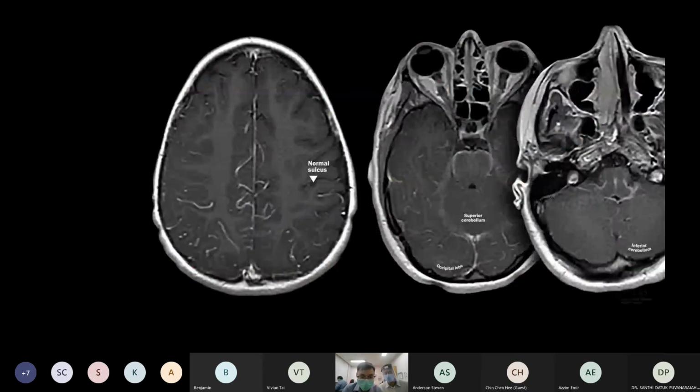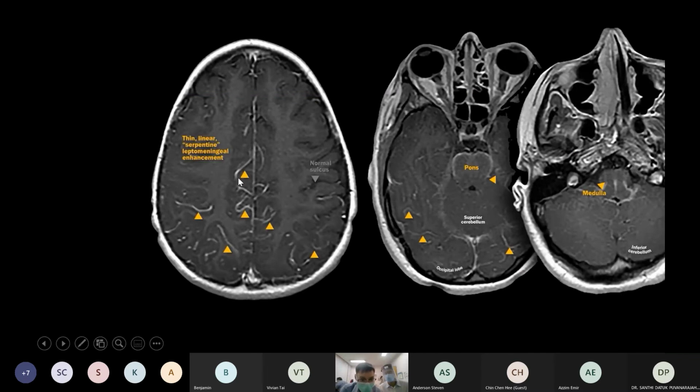I'm going to give an example. This is the T1 post-gado view of two different patients. On the left, you can see a lot of serpentine leptomeningeal enhancement, which you usually find in bacterial meningitis. As opposed to this, as we discussed just now, the basal cisterns shouldn't light up post-gado like this.